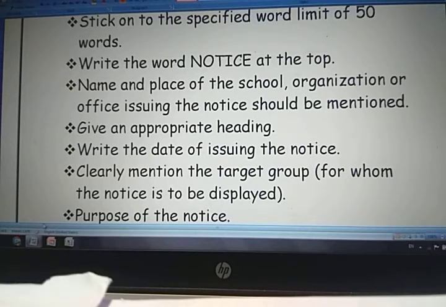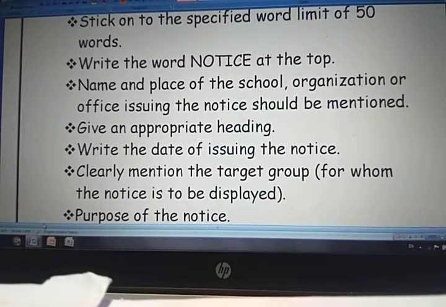You may mention it on the left hand side or at the right hand side, no problem. But you should mention the date. Next, below that you should mention the target group. Target group means for whom this notice is displayed. The target group you have to write.